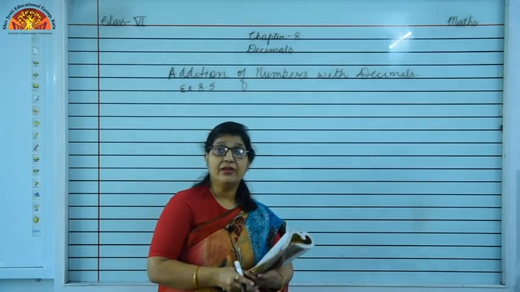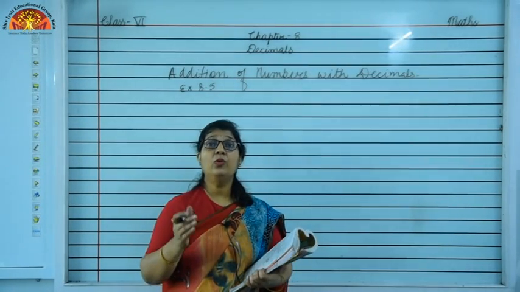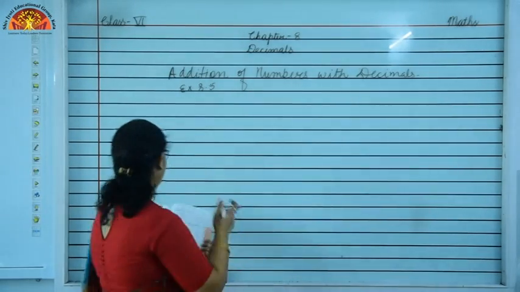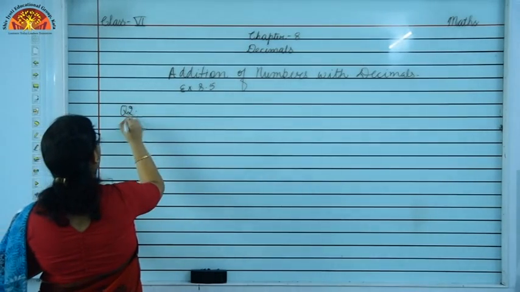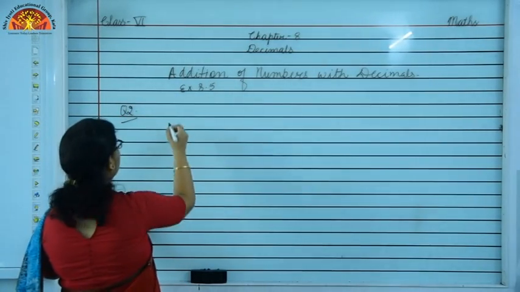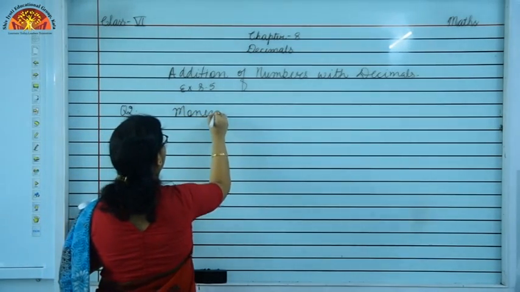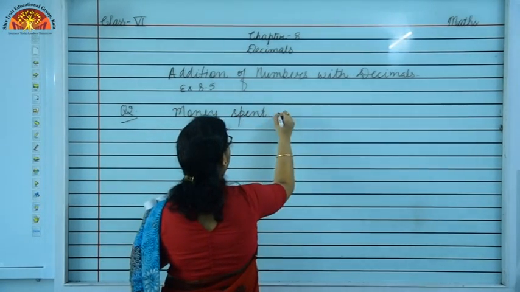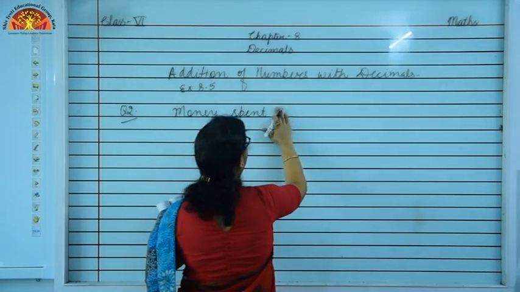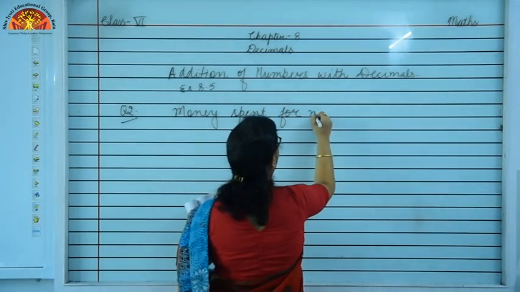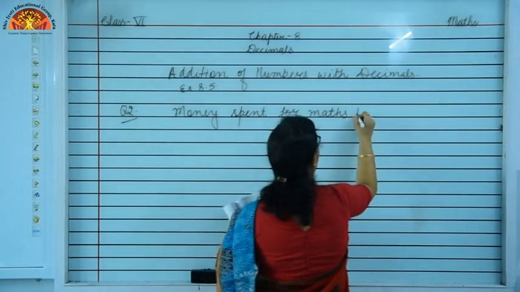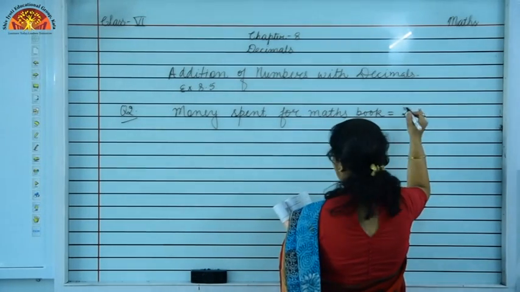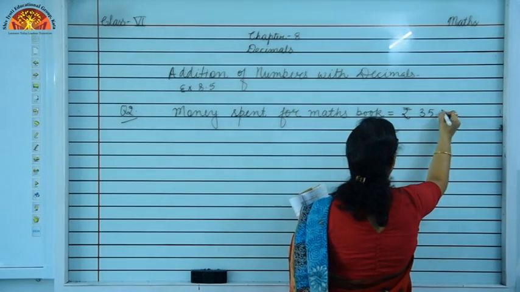So how we find the total amount? We add the total money of the maths book and the science book. So write the statements first. Money spent for maths book is equal to rupees 35.75.